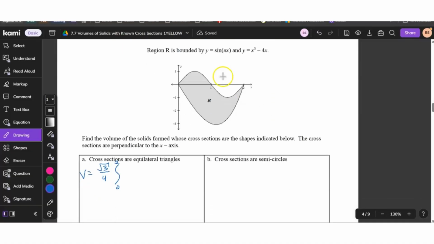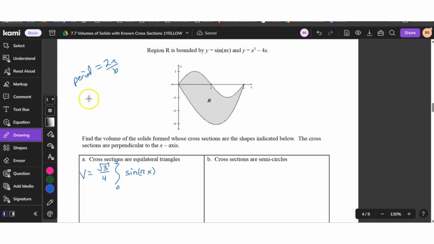So the top one's going to be which of those? Why do I know that it's sine? The easiest way is to remember that the period is equal to 2 pi over b.